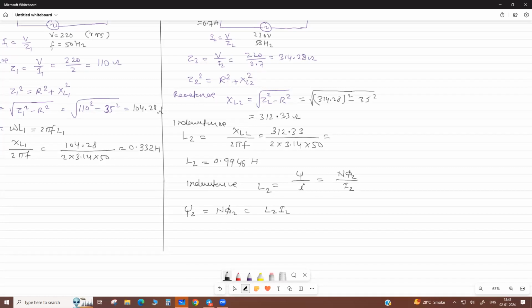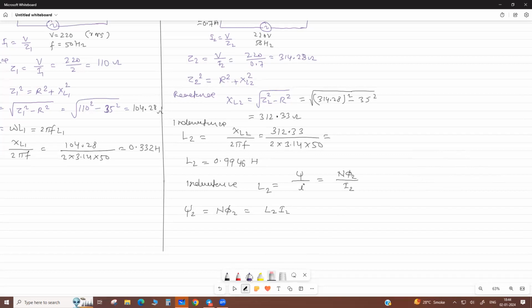Now N into flux, N is the turns, phi is Weber, so Weber turn. We read like ampere turn, Ni. What is the unit of Ni? Ampere turn. Similarly, N phi we assume as Weber turn. Weber turns, okay, the unit. Clear?